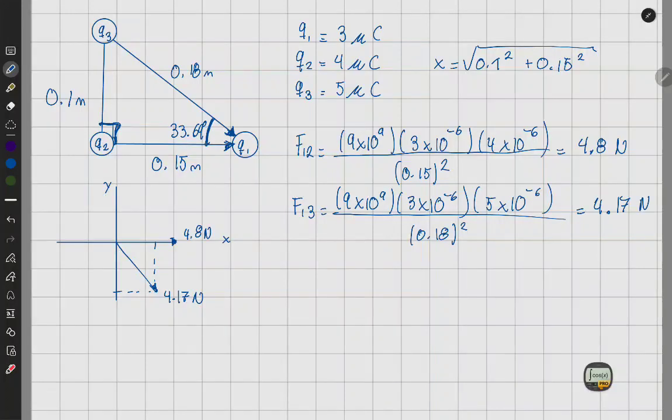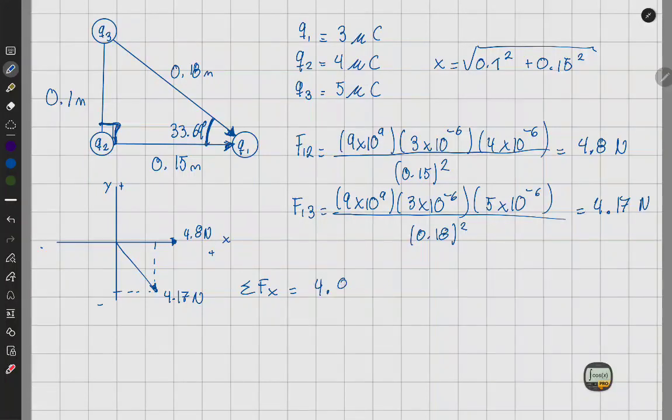So this is the x-axis and this is the y-axis. And then you need to calculate the sum of the forces in the x-axis, also in here, something like this. So it's this one, 4.8, and it's positive. So this is positive, positive, negative, and negative.